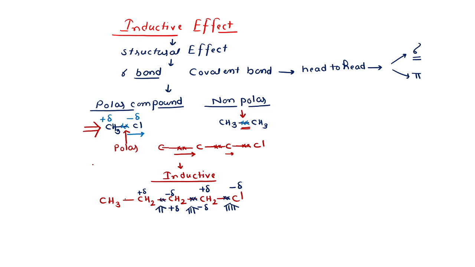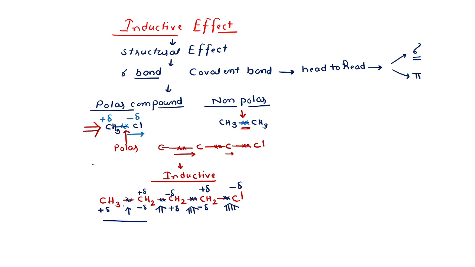And here, this lone pair is shifted towards this CH2. I have written this magnitude is the stronger magnitude. With stronger magnitude, it will pull towards here. It is a little bit weaker magnitude. It is less.